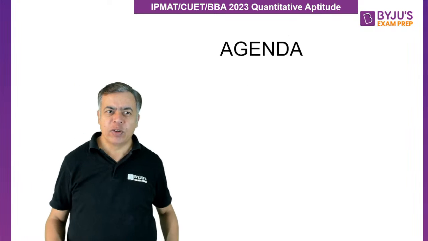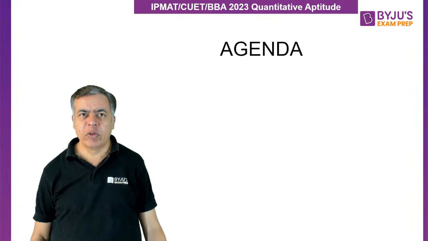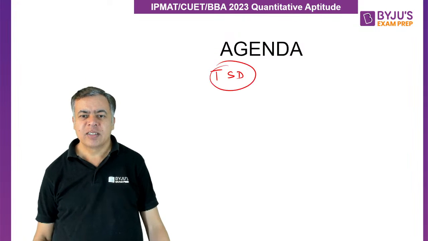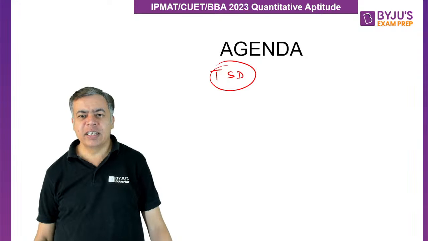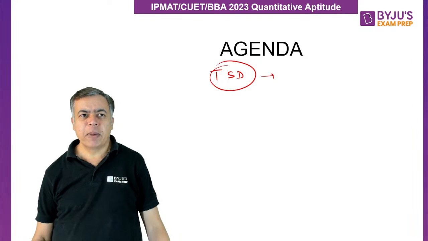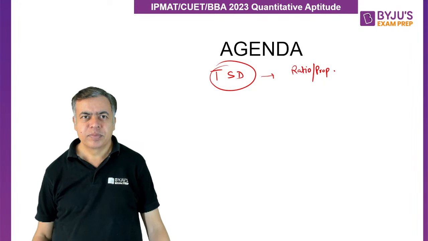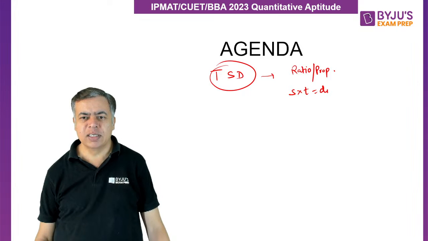This is one of the most important topics. So we will be discussing time, speed, distance, part 1, in which I will discuss questions based on ratio proportion, that is variation, and basic formula usage, that is speed into time equal to distance.